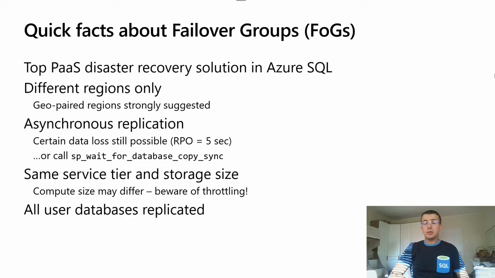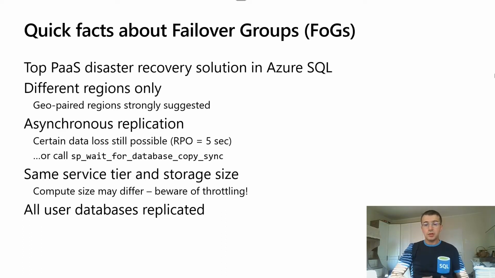All user databases are replicated in the case of a Failover Group with a managed instance. With Azure SQL Database, you can pick any subset of your SQL databases for Failover Groups, and also you can establish multiple Failover Groups for a single SQL database. That's not the case with the managed instance.